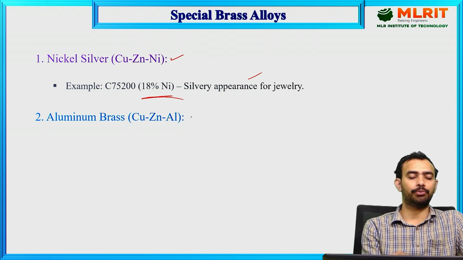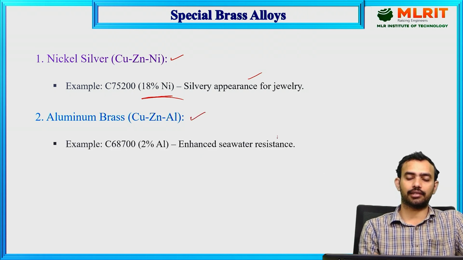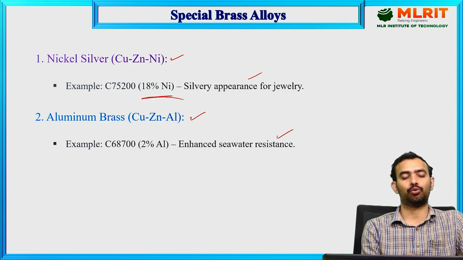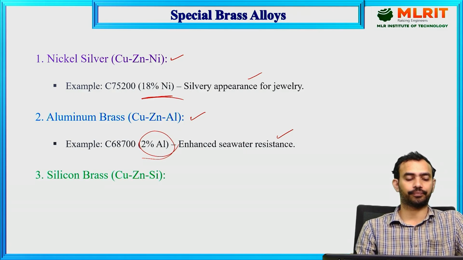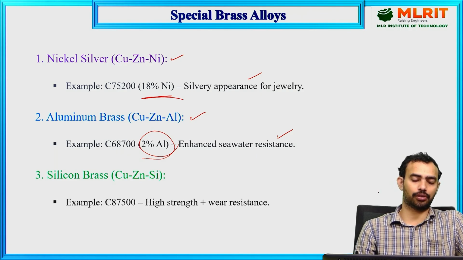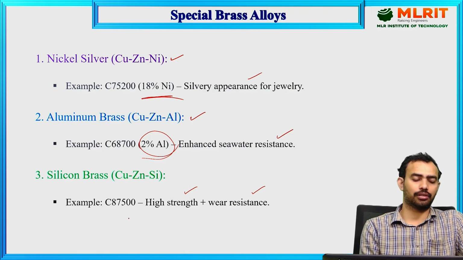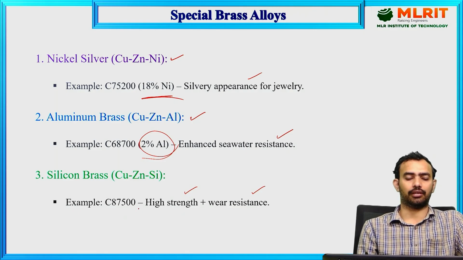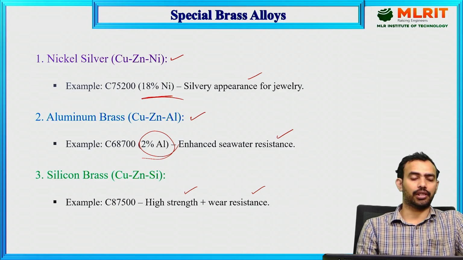Then we have the aluminum brasses, another classification, which enhances the seawater resistance significantly, where 2% of aluminum is added into the brasses. We have silicon brasses also for high strength and wear resistance applications. These are our special brass alloys, which are alloyed with nickel, aluminum, and silicon.